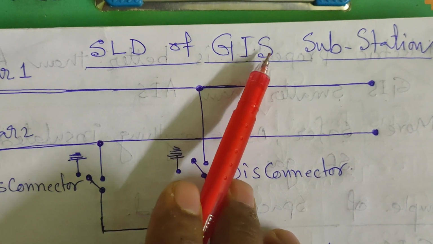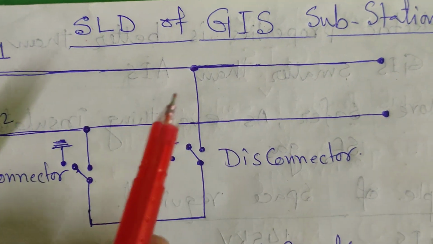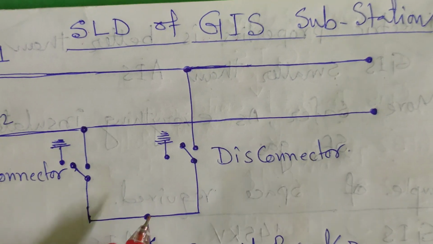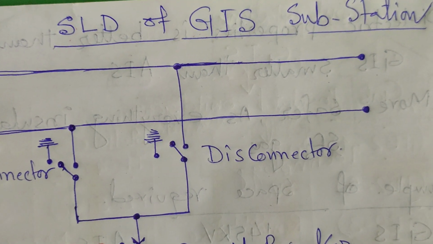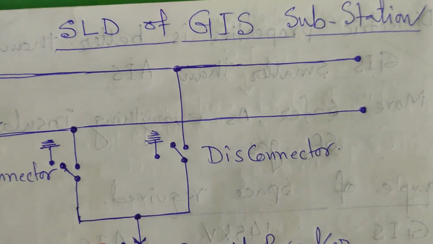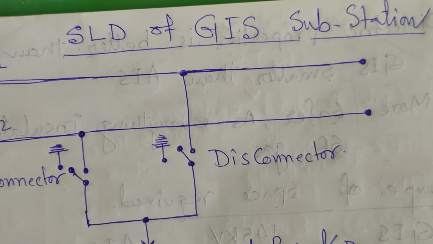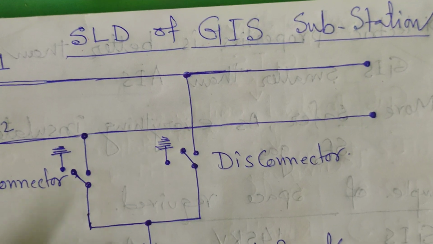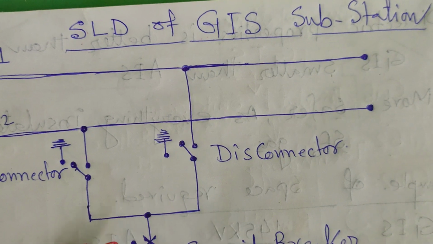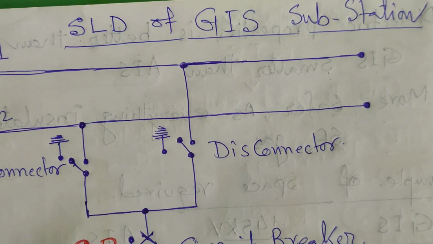In gas insulated substations, all the instruments, all the CT, isolator, circuit breaker, voltage transformers, earth switch, everything is inside the circular pipe, and inside the circular pipe different assemblies and modules are connected with each other to form a bus, to form a bay.